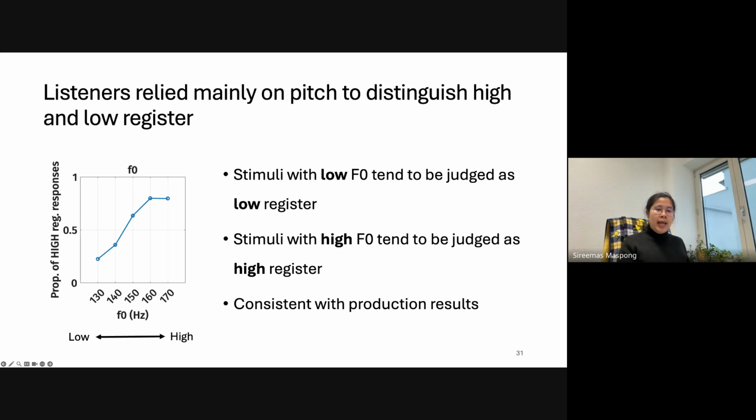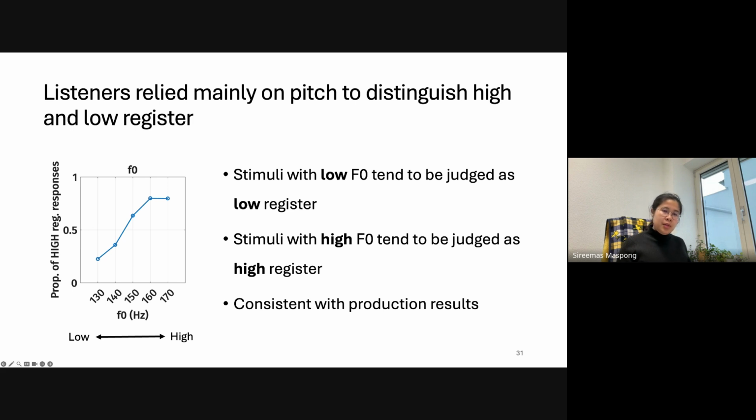The y-axis is the proportion of high register responses. If the values are closer to 1, it means that participants tend to judge the stimulus as a high register stimulus. If it's low, it means it is judged more towards low register. On the x-axis are the F0 steps of each stimulus, from low to high.